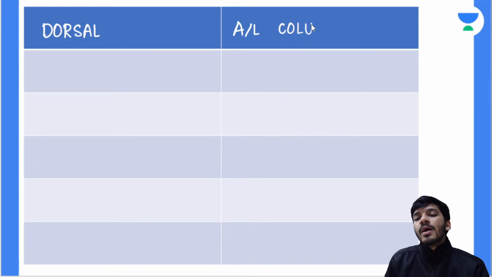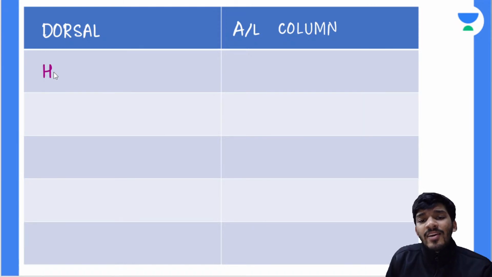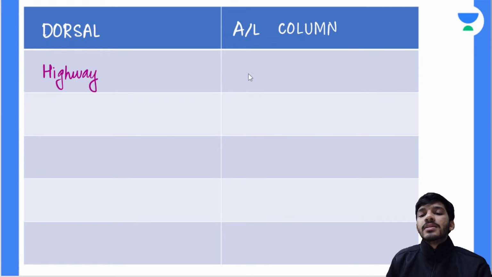Both of these are tracts, but the dorsal column is a highway. The dorsal column is a highway, and the anterolateral column is a village road.